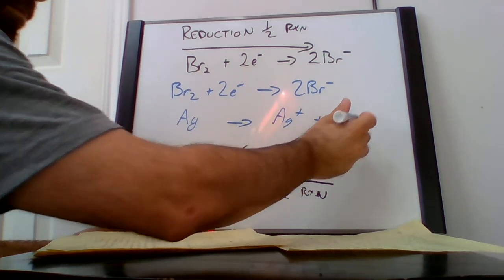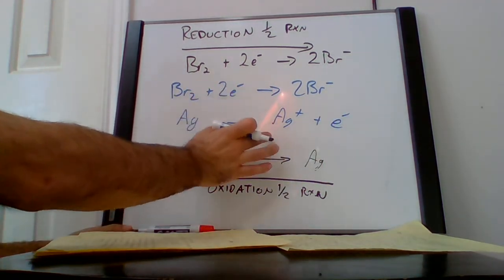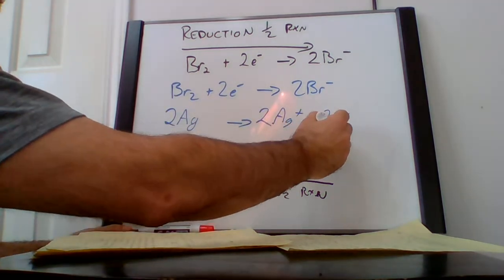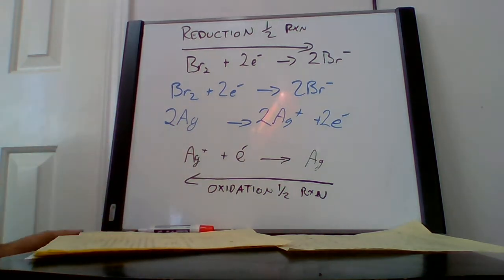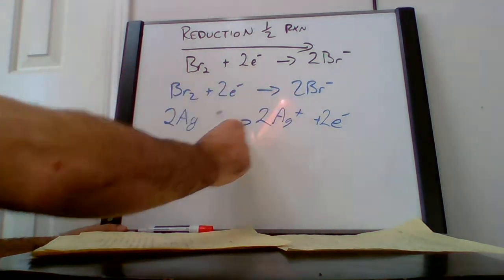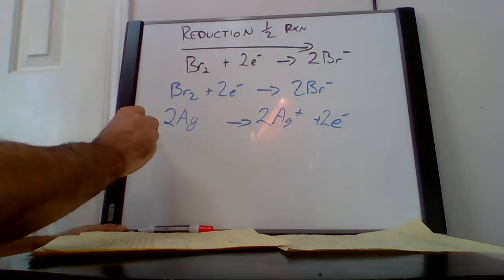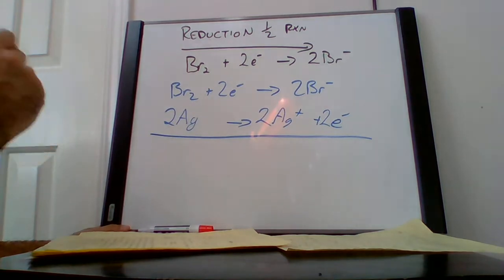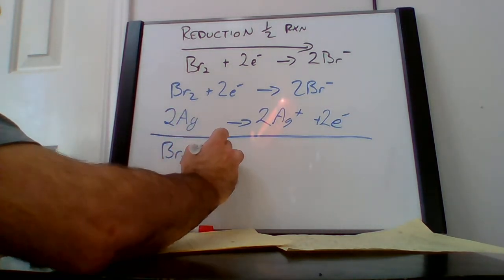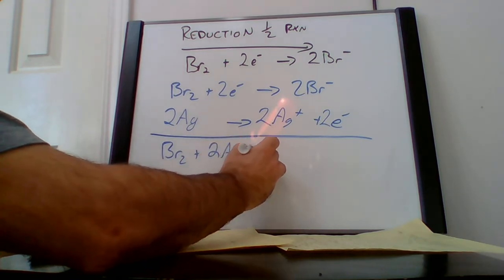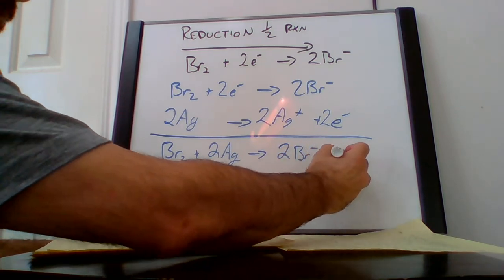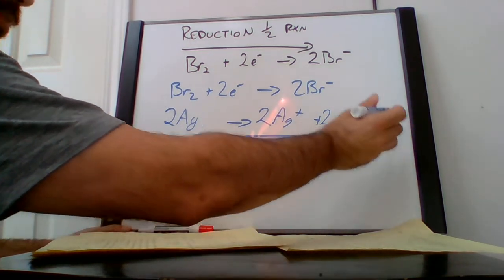But we've got 2 electrons here, so if we're actually combining these, I need to double this to have this situation. All right? Our bromine is being reduced, our silver is being oxidized, and then we can just sum up these two into a full overall reaction where we have our Br2 plus 2 silver is going to form 2Br minus plus 2Ag plus.